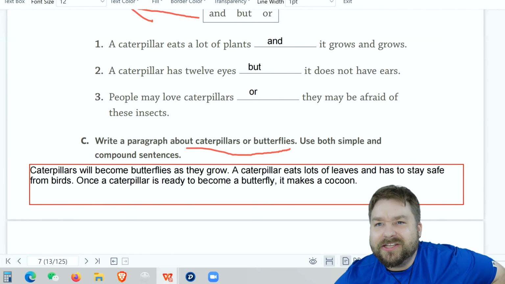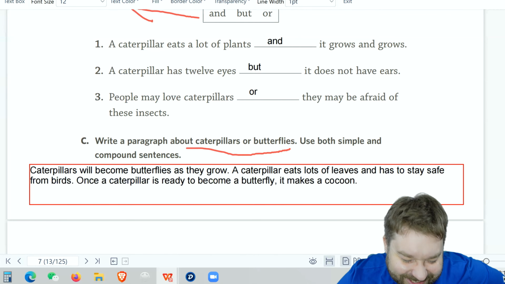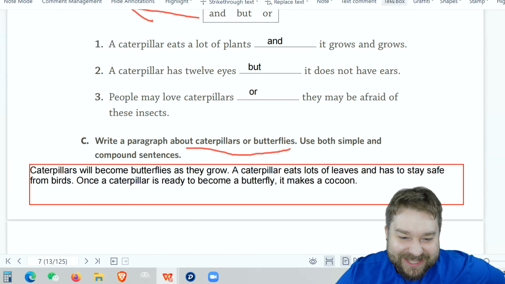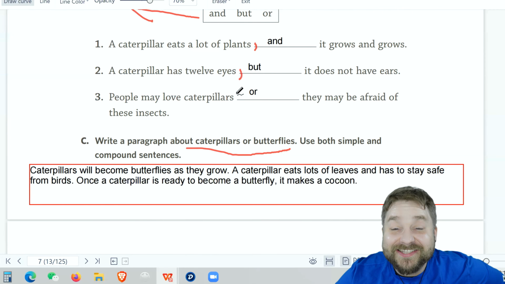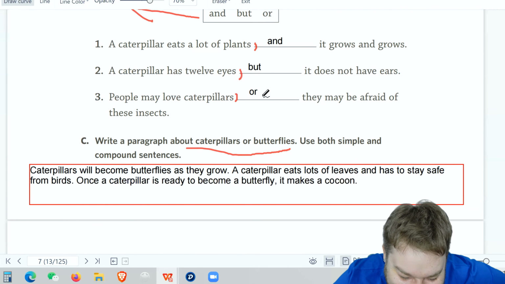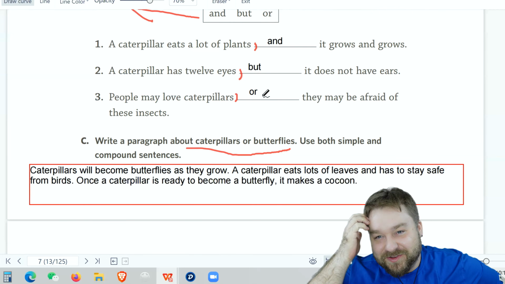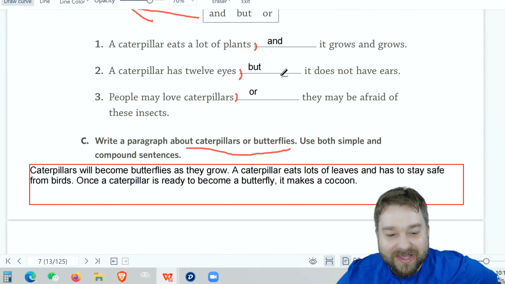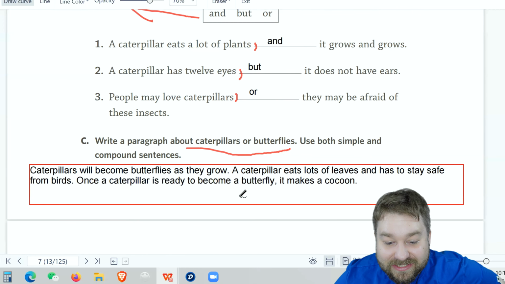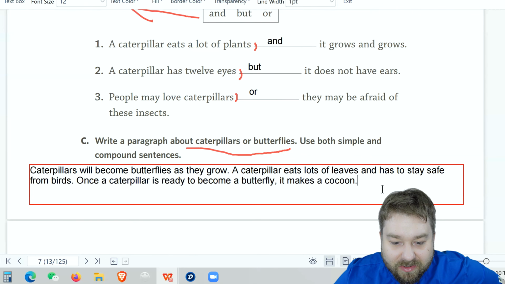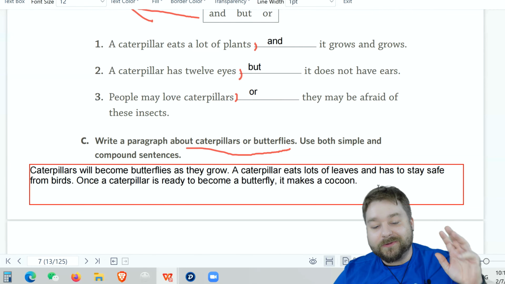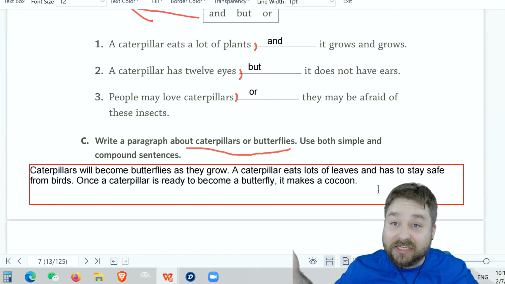Oh, you know what I just noticed I forgot to do? Oops. I had to put a comma up here. Sorry. You have to use two different tools to do it, so remember when we make a compound sentence, we have to have those commas there. Okay, so now, once a caterpillar is ready to become a butterfly, it makes a cocoon.